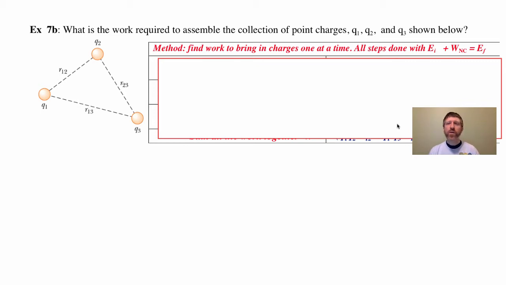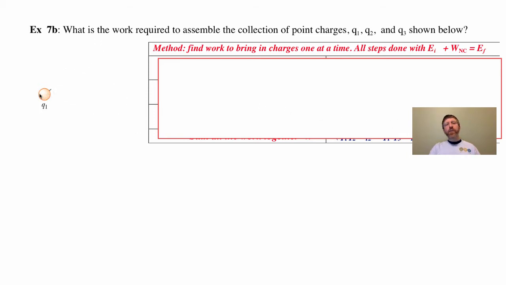You've got to assume they start infinitely far apart, and we're going to bring them all in together. If you understand the conceptual way to do this, you'll be able to reconstruct this from scratch. All we've got to do is bring in these charges one at a time. And we're going to just use E initial plus work non-conservative equals E final for every single step of the process.